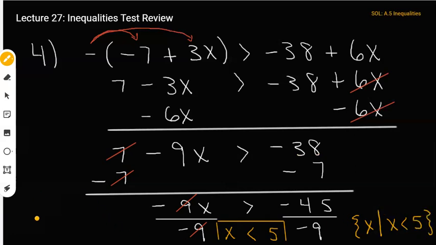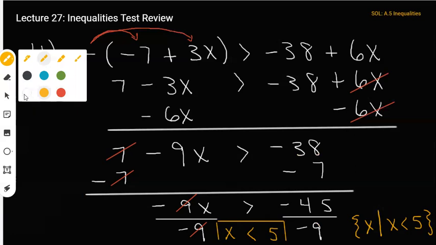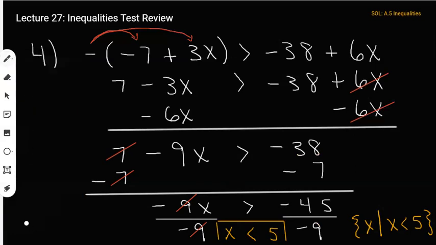And then I'm going to do my number line over here. So I'm going to put 5 in the middle, and then 4 and 3 go over here. 6 and 7 go over here.